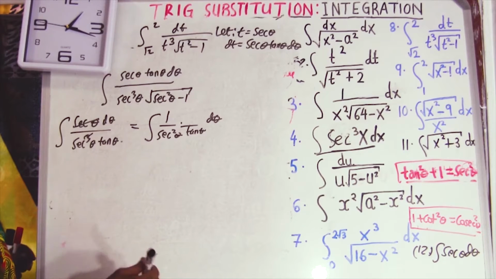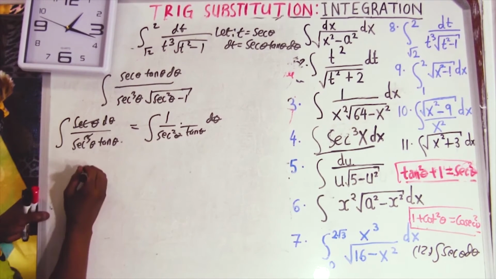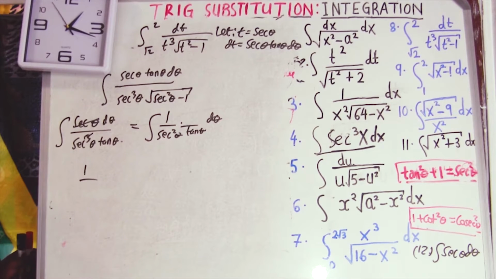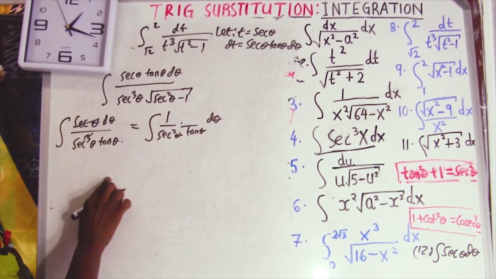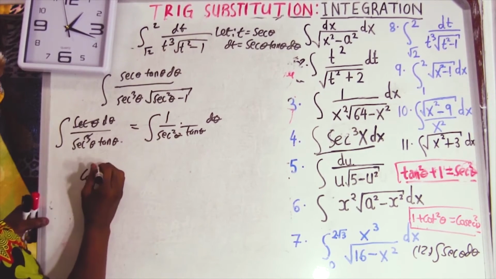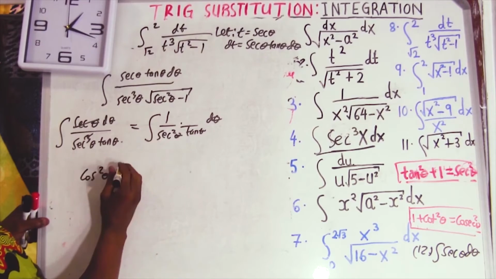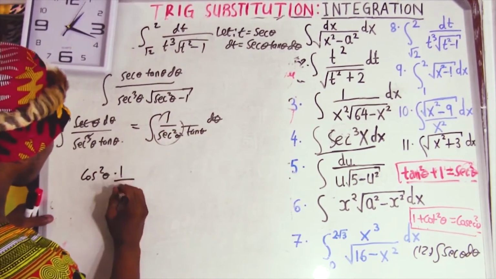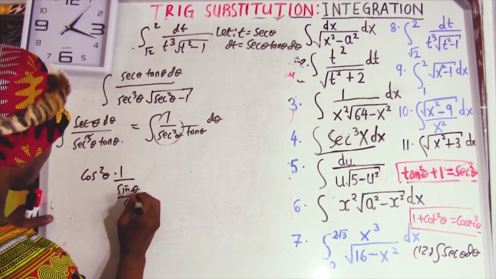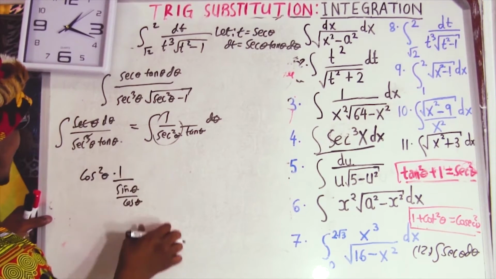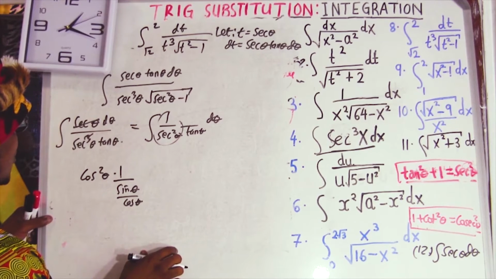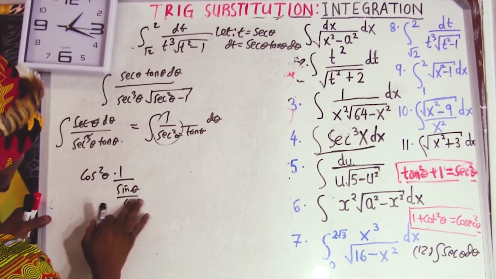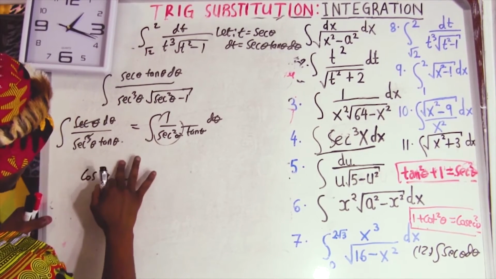Let me just simplify. 1 over sec equal to cos, so 1 over sec squared equal to cos squared. I want to simplify first. Tan means sine over cos, and this cos can go to the top. It's going to be cos cube over sine.